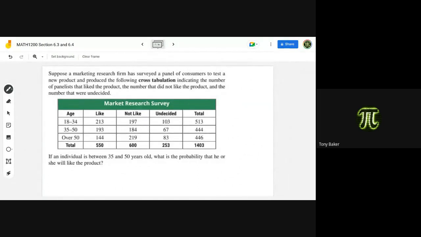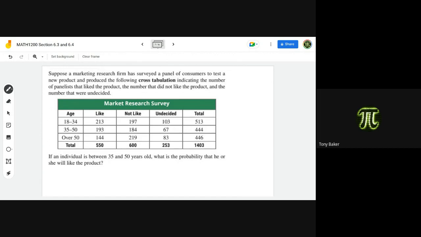When you're looking at a table of values and pulling information out of it. If I wanted to figure out the probability of an 18 to 34-year-old liking whatever this product is, how many 18 to 34-year-olds like this product?